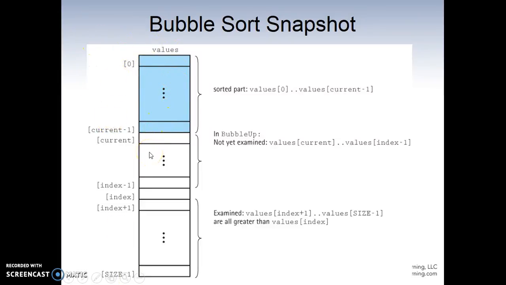Now, when we do bubble up, so the current to index -1, this part is not yet examined, and the part that is examined is index +1 through size -1. Right, because we start at the bottom first every time, and they are all greater than the value at index.